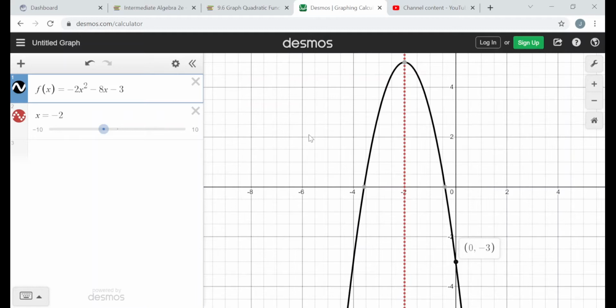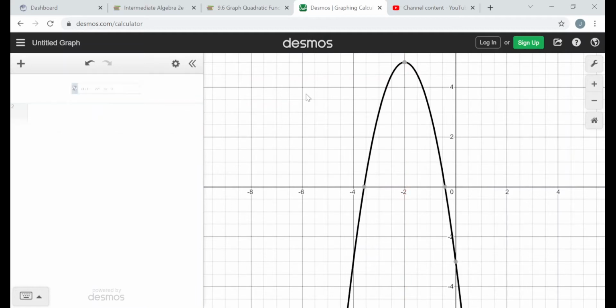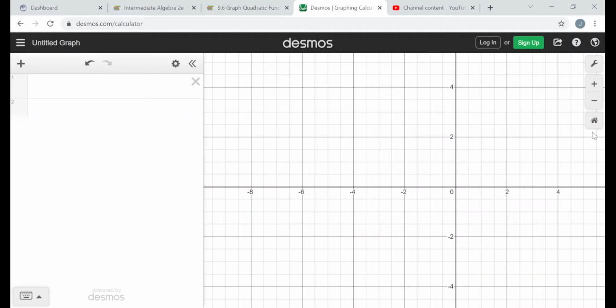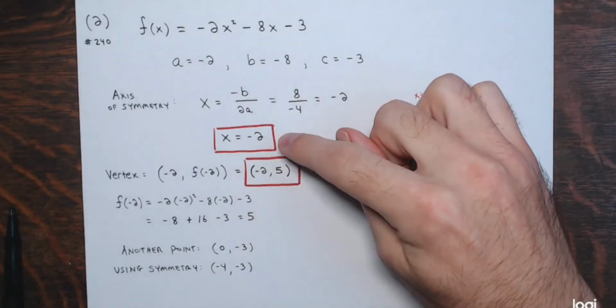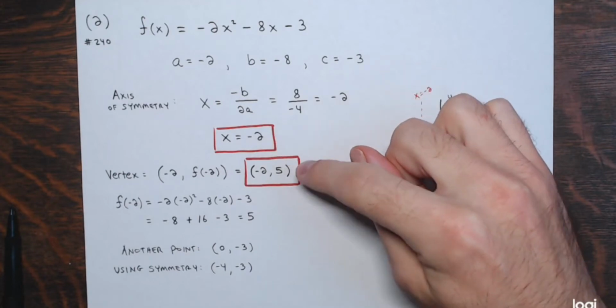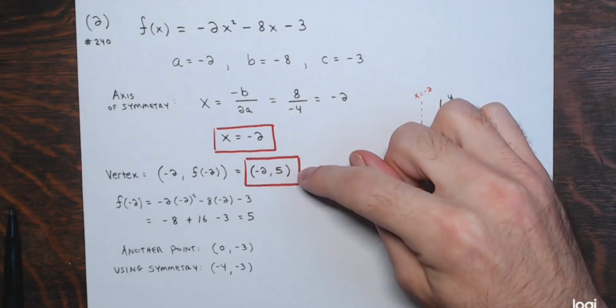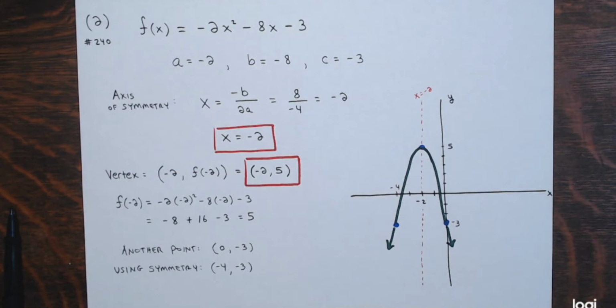But for right now, all they asked us for was the axis of symmetry, x equals -2, and the vertex, the point -2, 5. I mean, you already know how to graph these now. I've already shown you just here in this video. But we'll go into a little more detail and find the x-intercepts and y-intercepts in a coming video.